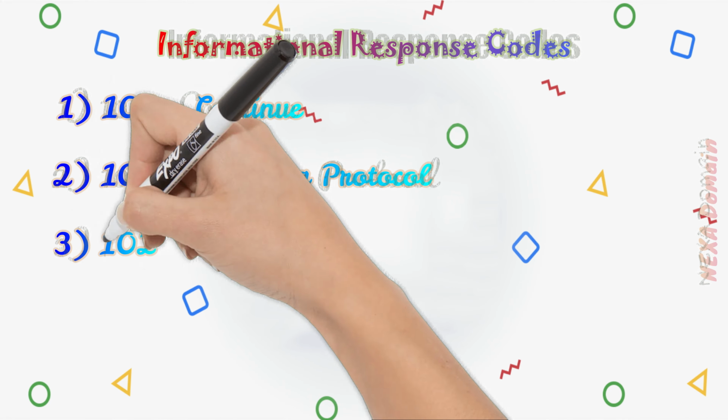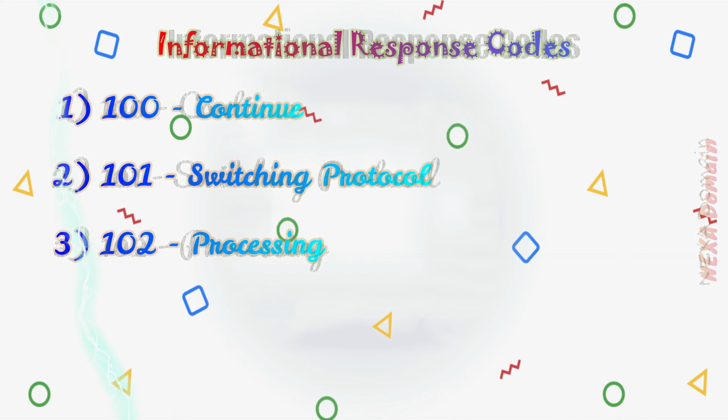This code is sent in response to a request that asks the server to switch protocols and the server has agreed to do so. 102 Processing. As the name states, this code indicates the server has received the request and is processing it, but no response is available yet. 103 Early Hints, used to return some response headers before the final HTTP message.